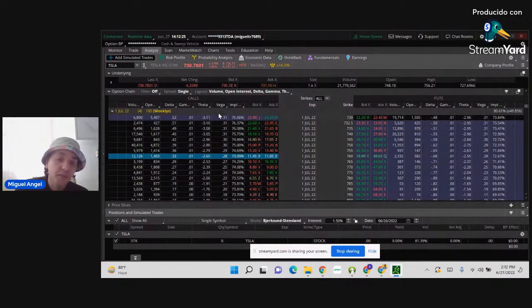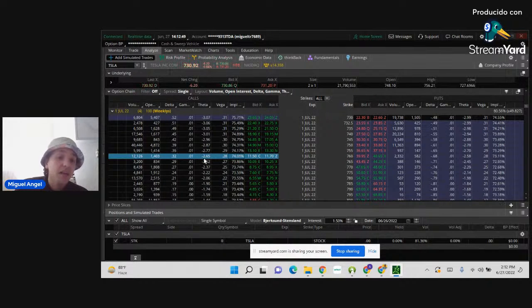So moving on, we have the Vega, the Theta, the Gamma, the Delta. The Delta, we know, is how much we will earn for every single dollar the stock increases in our favor. The Gamma is how much that Delta would change for every single dollar increase.